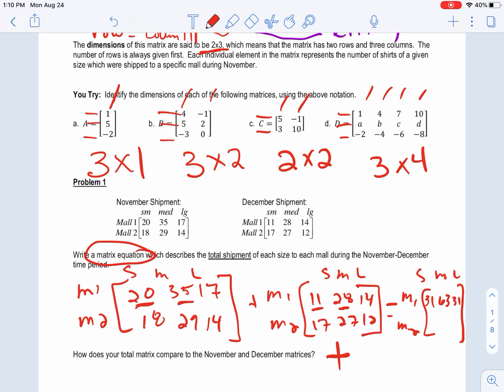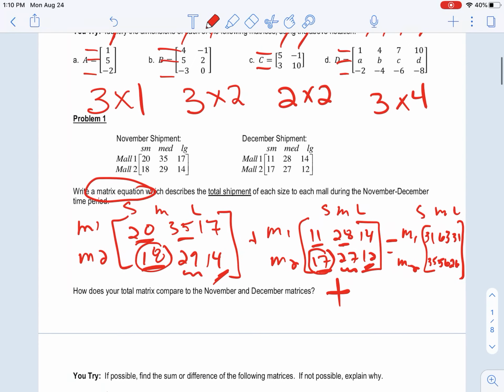Now we have Mall 2. 18 and 17, and it makes sense because these are in the same spot in the matrix, but they represent the same thing. They're both smalls for Mall 2. So we have 35. 29 and 27, so we have 56. And then 14 and 12, so we have 26.